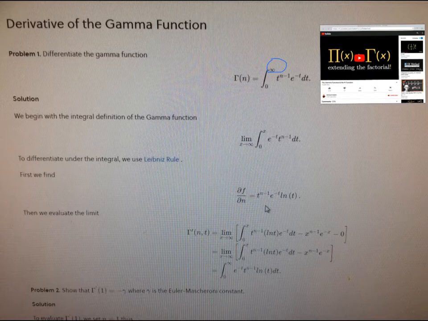And then they're asking you to use the definition of the limit in order to find a derivative for this function. There's a two-step process outlined here. If we start with the limit of the function that we're given, and we differentiate it with respect to n, then this is what we end up with, because the ln of t comes in.